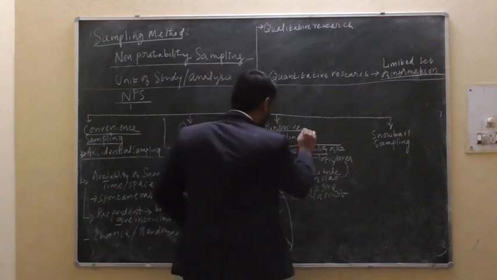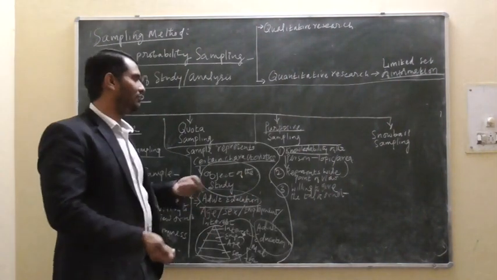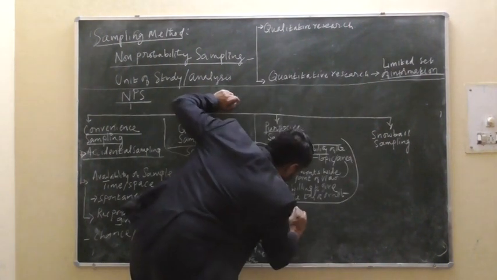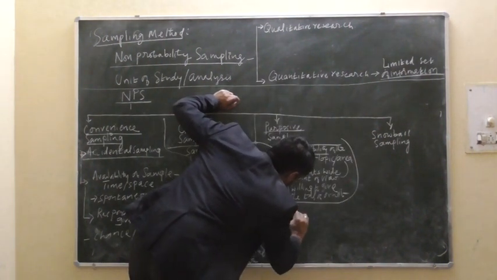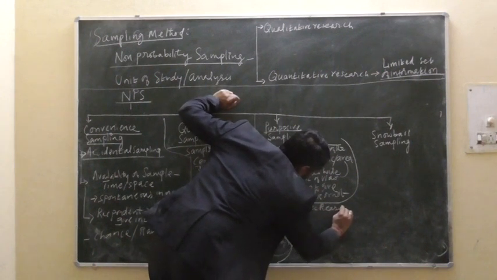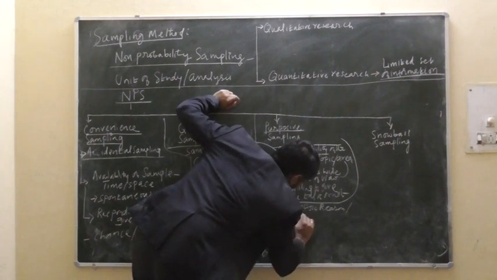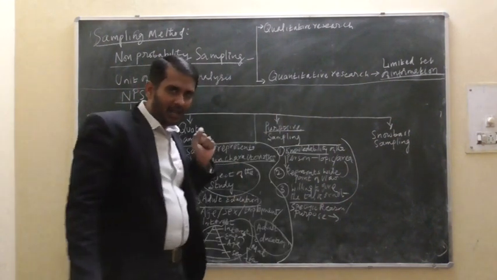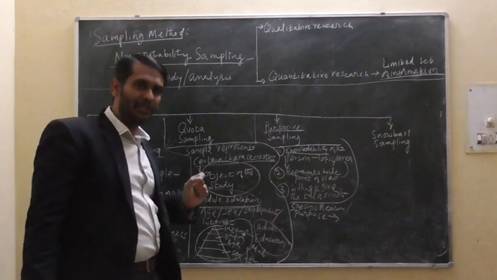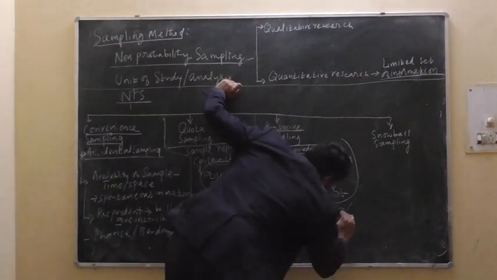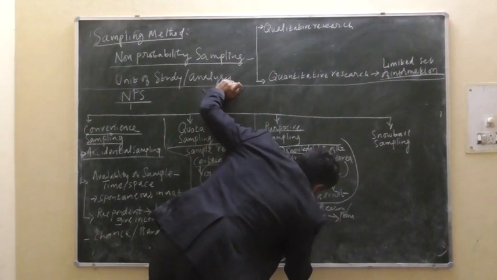So the very intention of doing purposive sampling is that it has a specific reason or purpose. You will be able to collect certain information which is very specific in nature from particular respondents only.